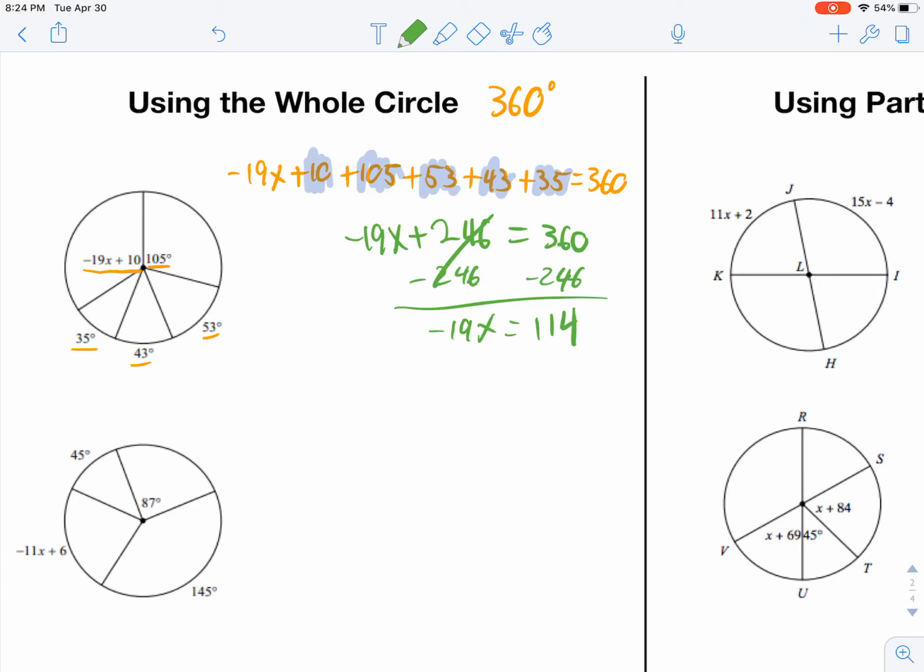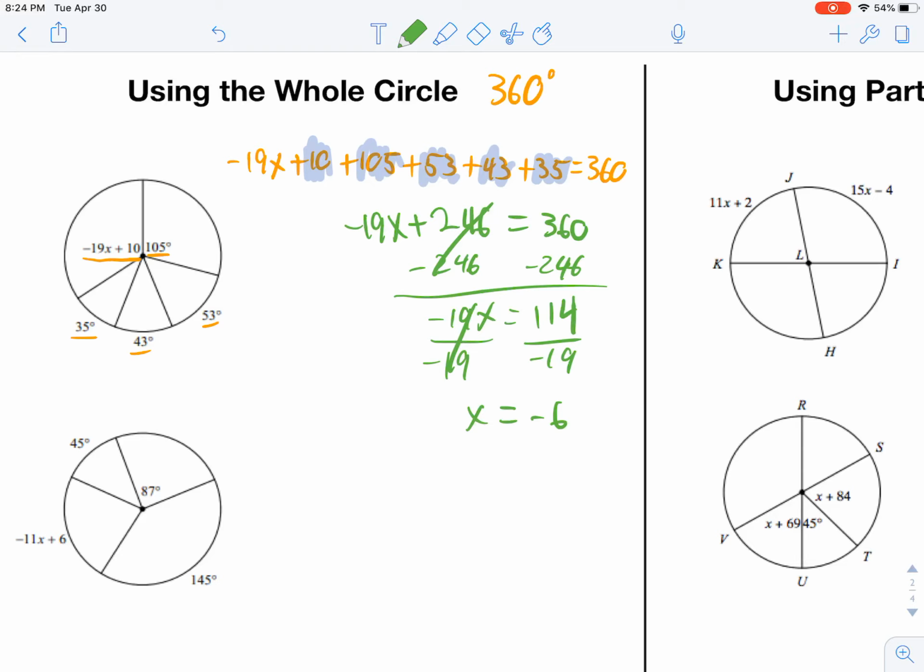Now the opposite of this is to divide. We'll divide both sides by negative 19. Those cancel out. X equals negative 6. There's our answer. So not too big. The weird thing is that it makes it kind of long, but you'll get used to that, and you'll find some shortcuts.